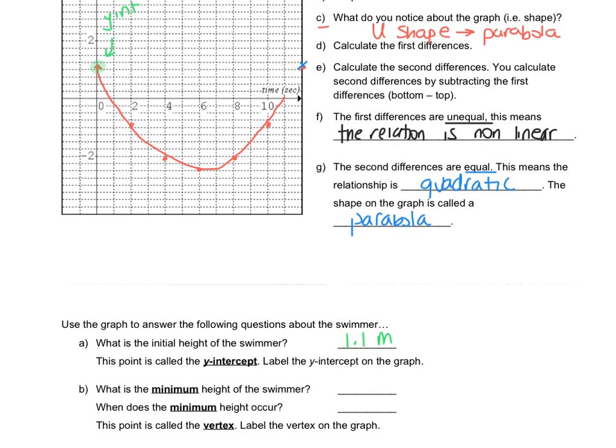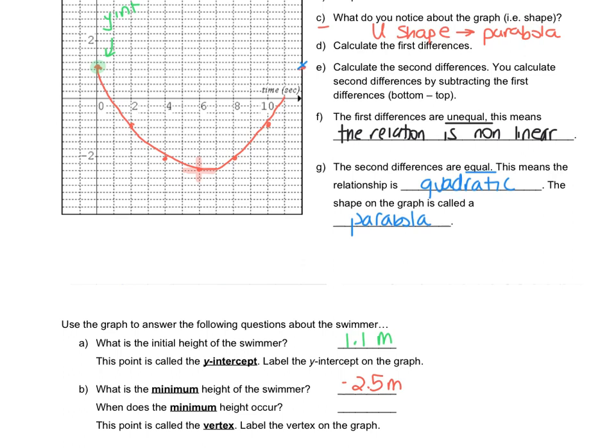What is the minimum height of the swimmer? Okay, so if I go to my graph here, the lowest point is right over here. And the minimum height looks like it's at negative 2.5. And again, you can check with your table of values. Then it says, when does the minimum height occur?